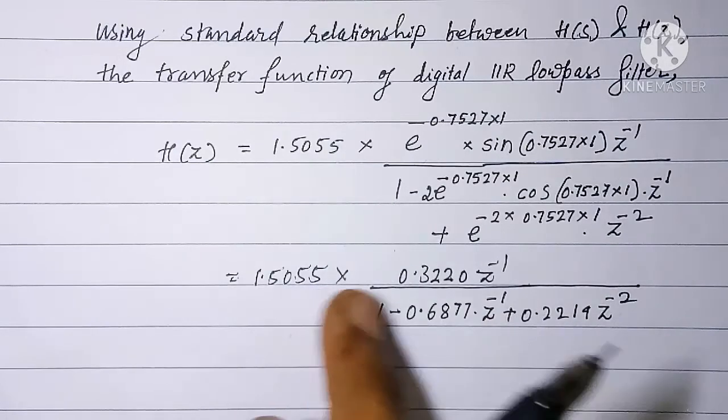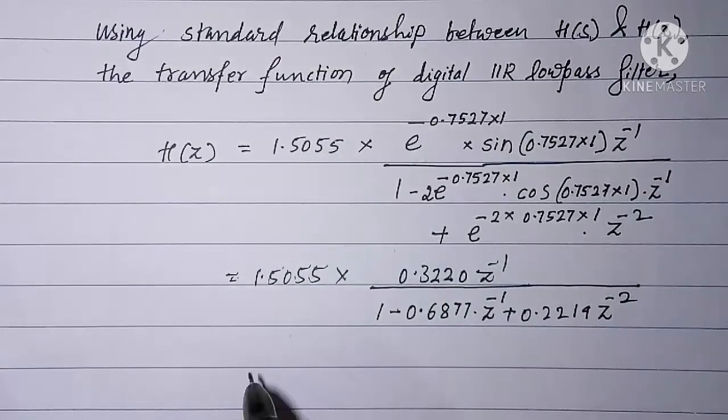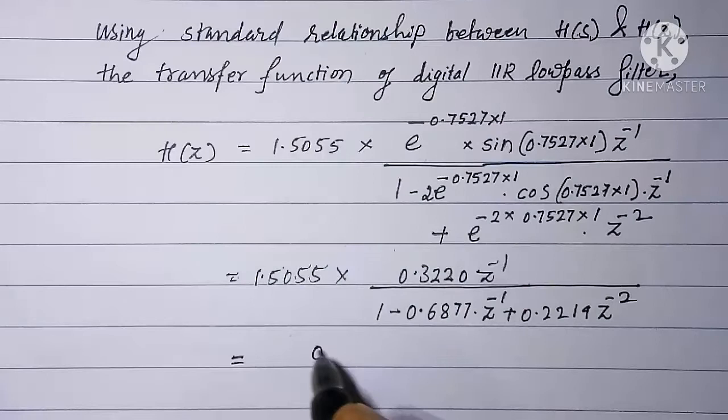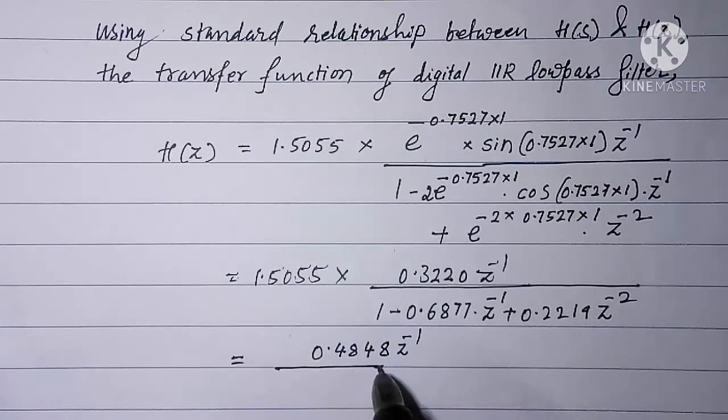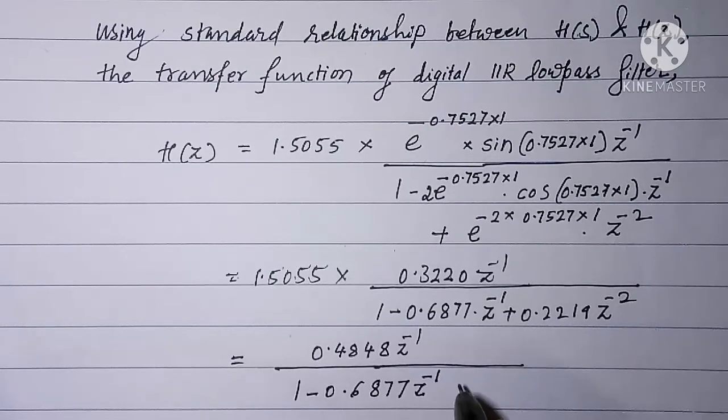Multiplying 1.5055 with 0.3220, we get 0.4848 z raised to minus 1, whereas the denominator remains the same, that is 1 minus 0.6877 into z raised to minus 1 plus 0.2219 z raised to minus 2.